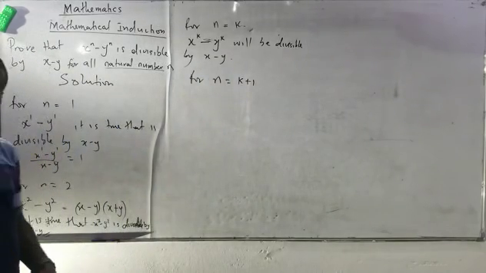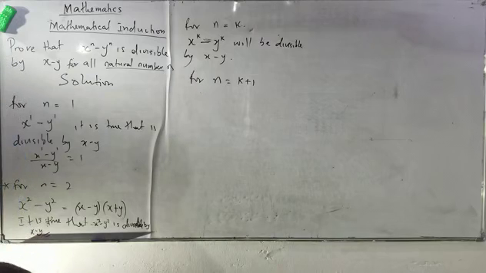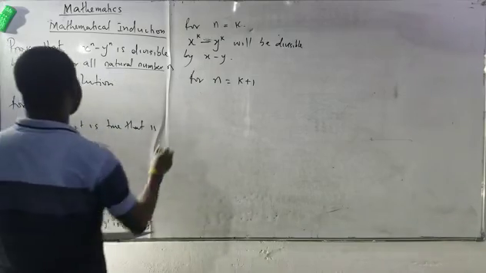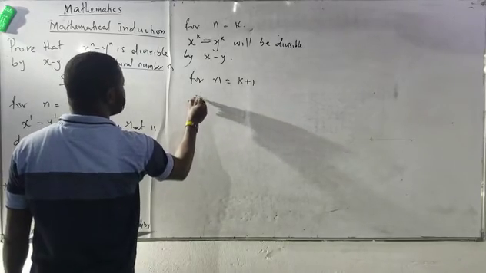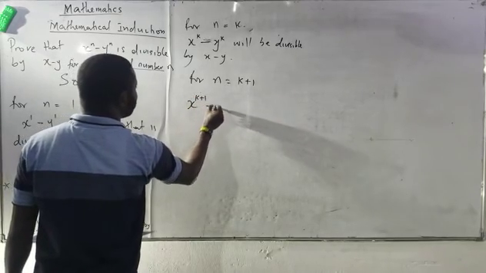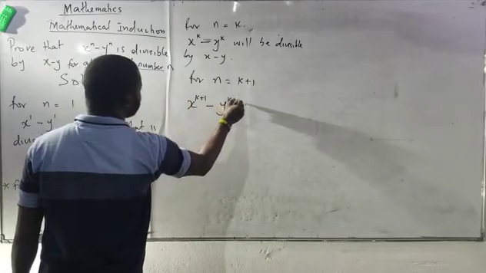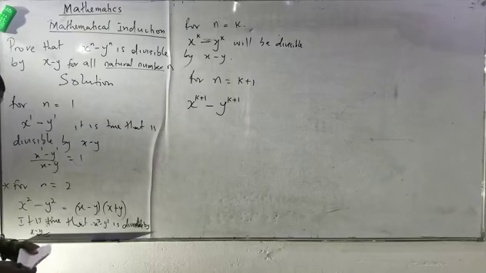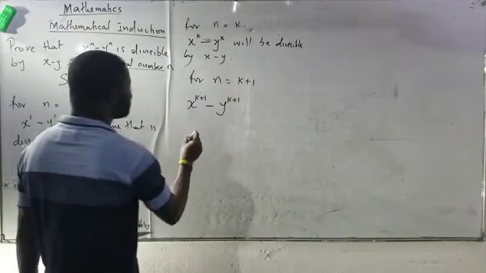Now, this is where the technicality is. Here I will have x raised to power k plus 1 minus y raised to power k plus 1. Look at how I manage this type of problem.